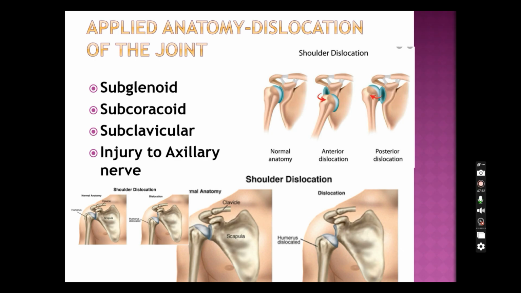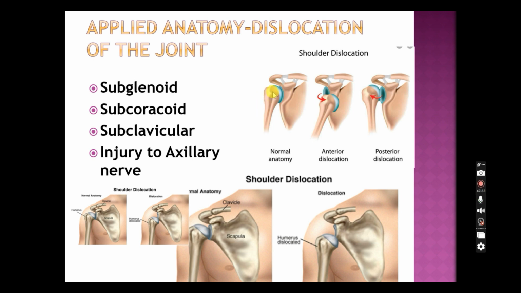That is one. Another stage, on further abduction beyond 90 degrees, the rubbing of the greater tubercle against the acromion process is prevented by the lateral rotation of the humerus by the action of the infraspinatus and teres minor.